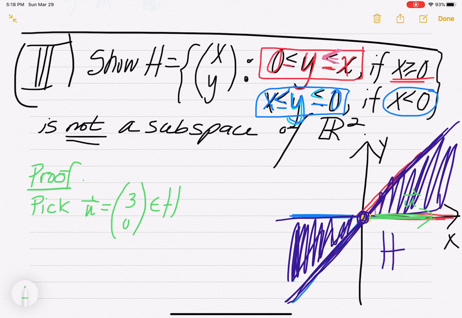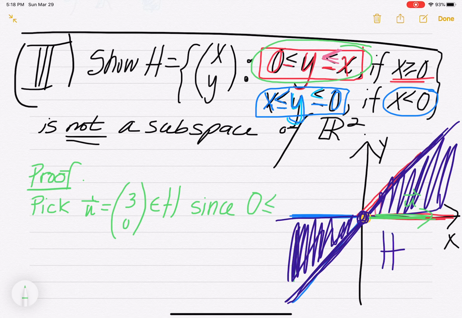Okay, so I picked a u, right? 3, 0. It's somewhere over here. It's my u vector. Now that's definitely in H. Why is that in H? Well, let's not look at the picture so much. Let's focus on this top equation. The y-coordinate, which is 0, is smaller than the x-coordinate, which is 3.